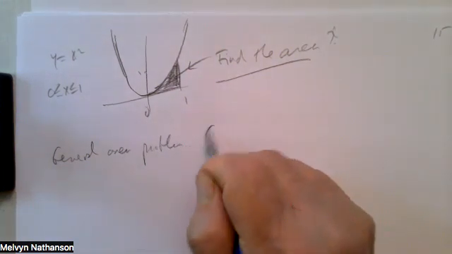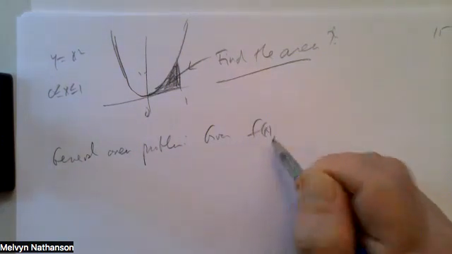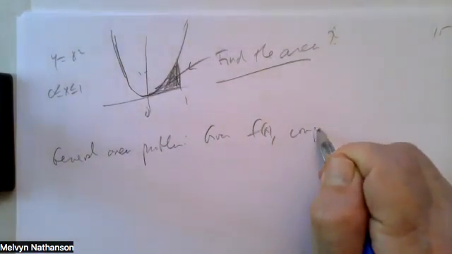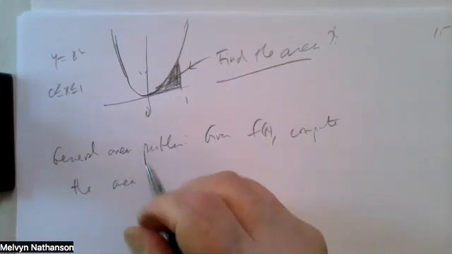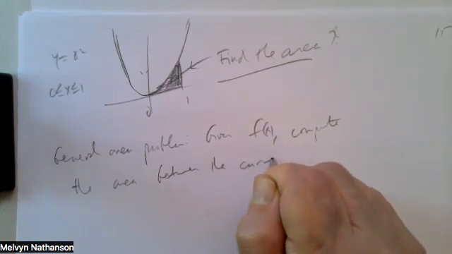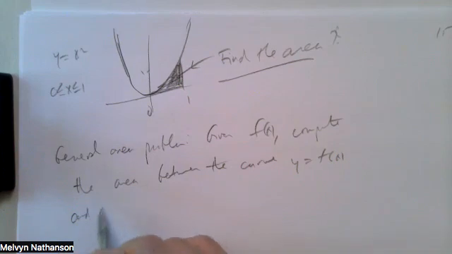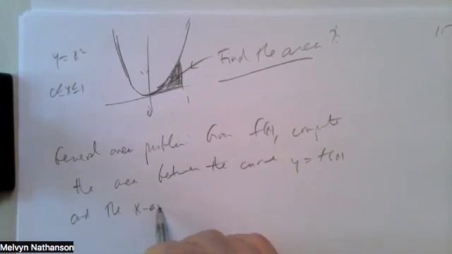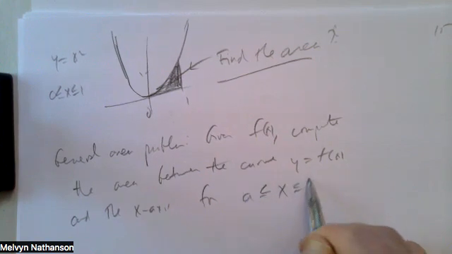Given a function f of x, compute the area between the curve y equals f of x and the x-axis for x between a and b.